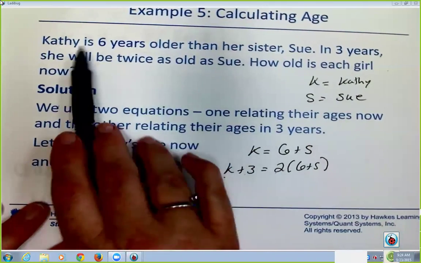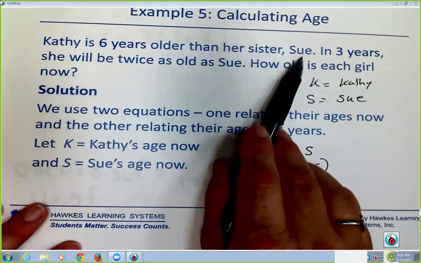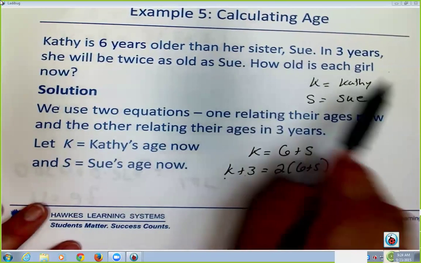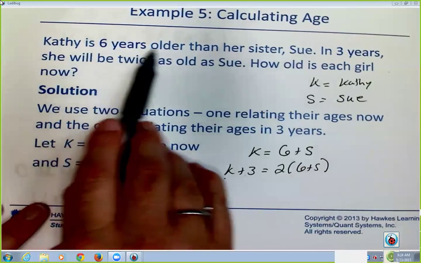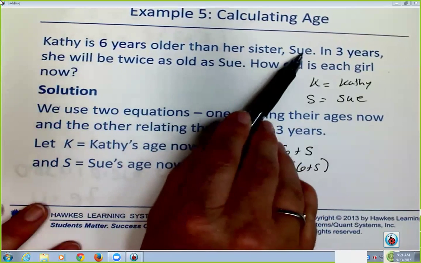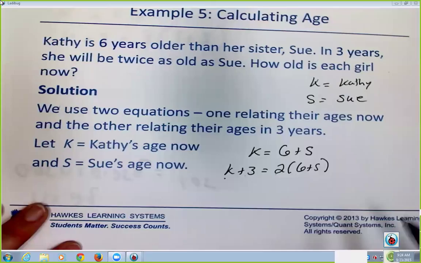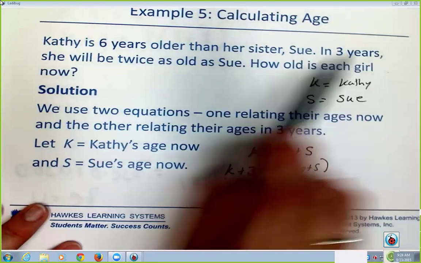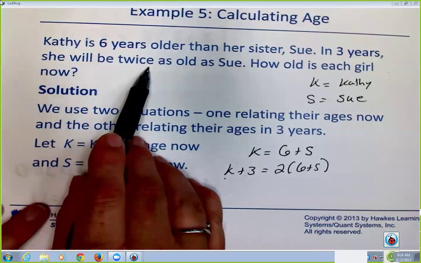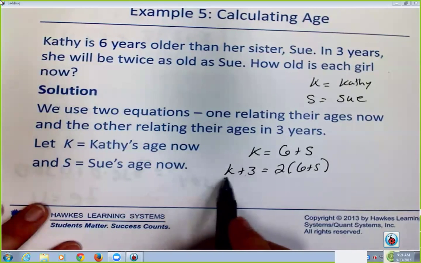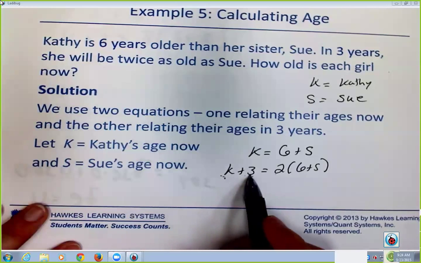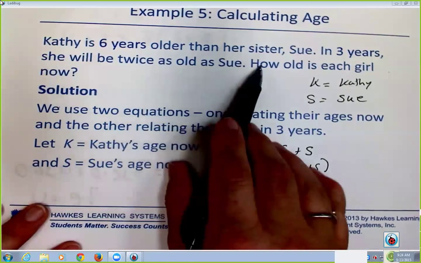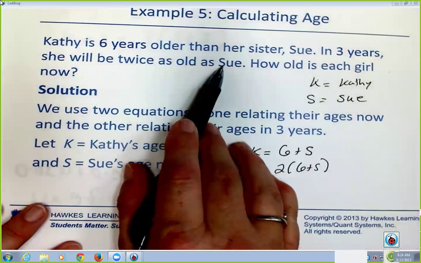Because if you're back here, we don't know how old Sue is in the first place. Okay? It says Kathy is 6 years older than her sister Sue. Okay? Yep. But in 3 years, if I add 3 years to Kathy's age, she will be twice as old as Sue.